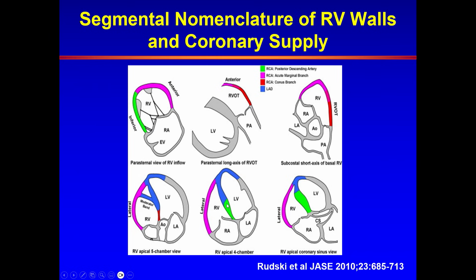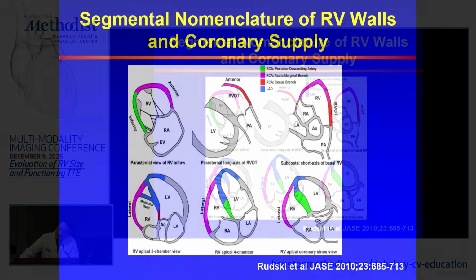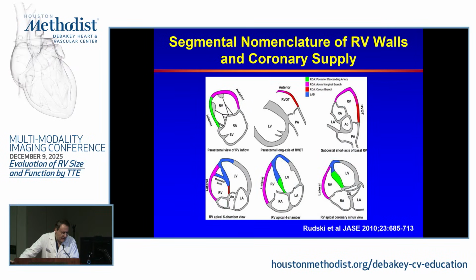The inferior wall of the RV, or the wall that sits on the diaphragm, in addition to the posterior interventricular septum, gets its blood supply from the posterior descending branch of the right coronary artery, whereas the moderator band, the RV apex, and of course the LV apex and the distal septum get their blood supply from the septal perforator branches of the left anterior descending coronary artery.